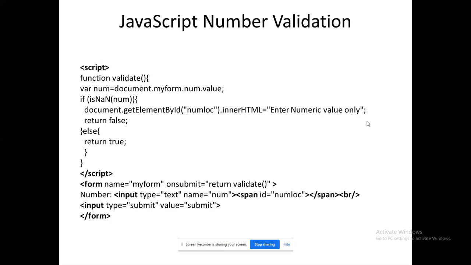For that, you have the function isNaN. It should not be null, and it needs to check for numbers only. So if I enter any other character, it will display the message, enter numerical value only, right? If I enter anything other than 0 to 9, it generates this message, enter numeric value.